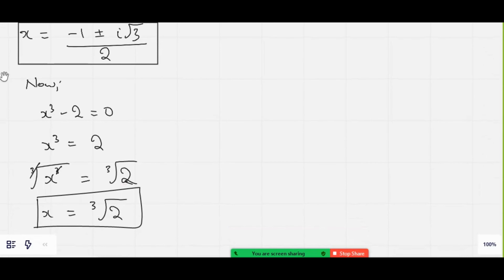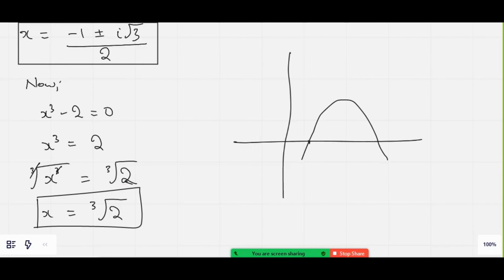So once we try to plot the graph of this degree 6 polynomial, you will see that the curve is going to intersect your x-axis at 2 points. This is your 1, and this is going to be your cube root of 2.